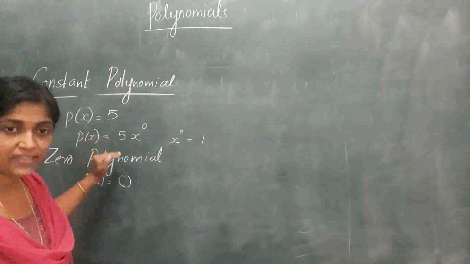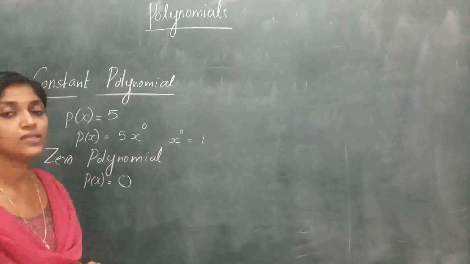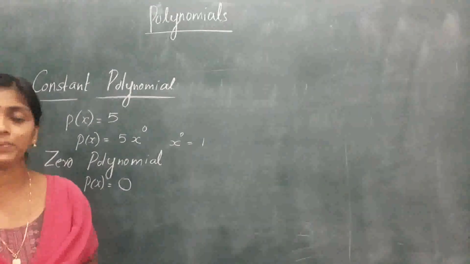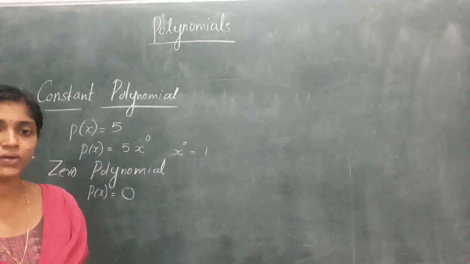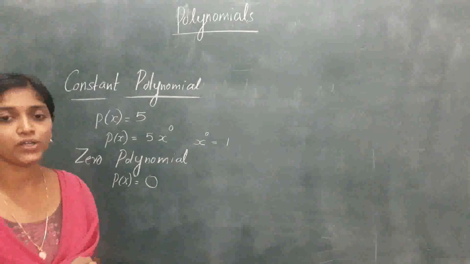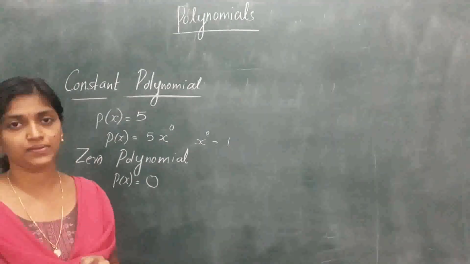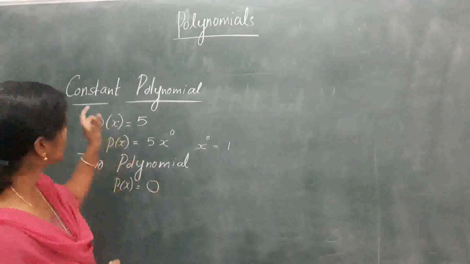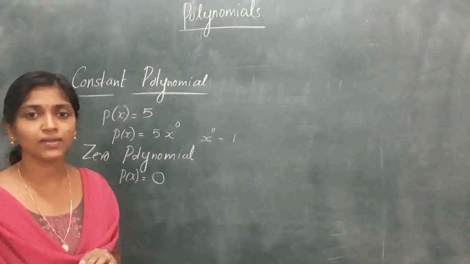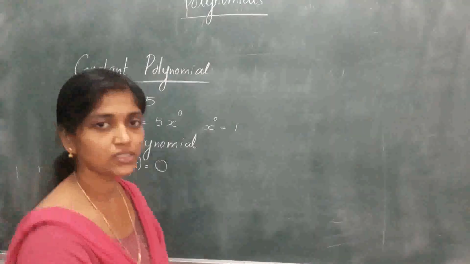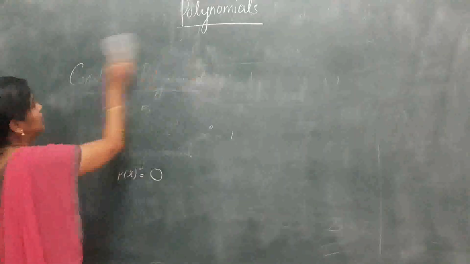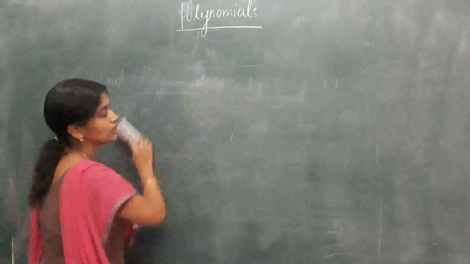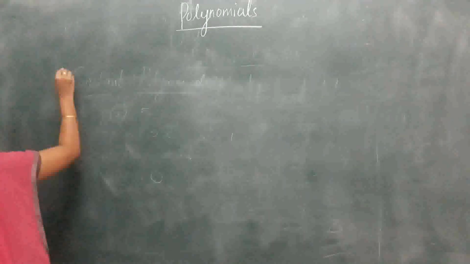So I think it is clear what a 0 polynomial is. A 0 polynomial means a polynomial consisting of only one term, namely 0, and the degree of a 0 polynomial is not defined. So these are the two types of polynomials we are studying in this chapter. And next we are going to study the classification of polynomials.